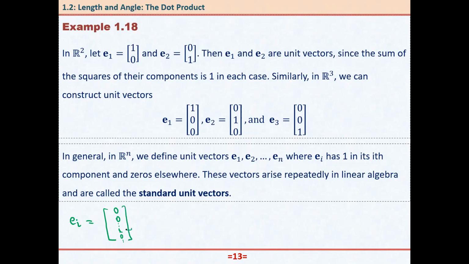So that one is the ith component. E sub 1 means the first component is 1 and the rest is 0. E sub 2 means the second component is 1 and the rest is 0. And e sub 3, the third component is 1 and the rest of the components are 0.